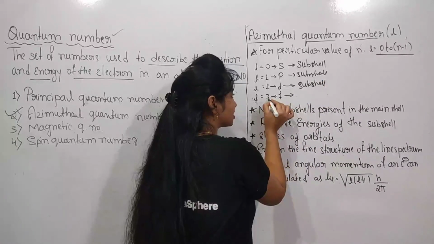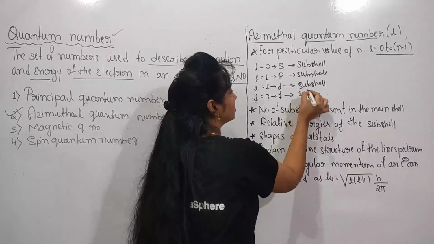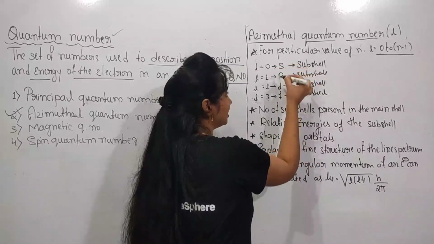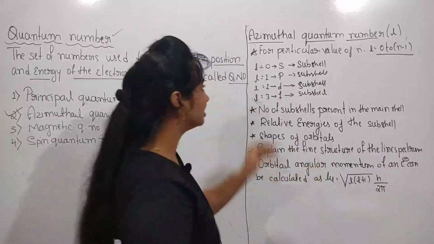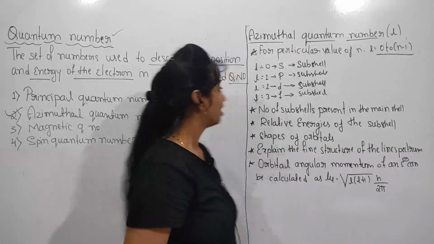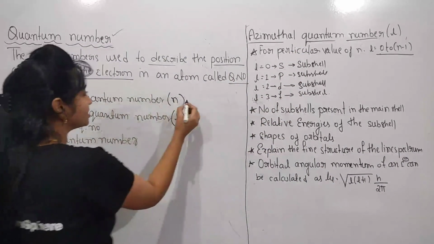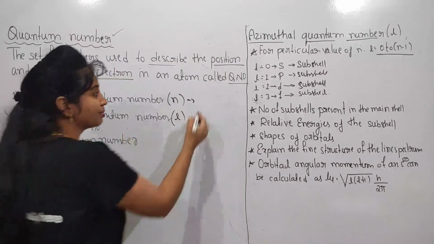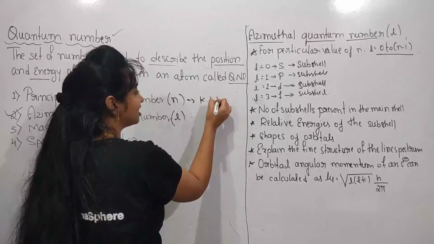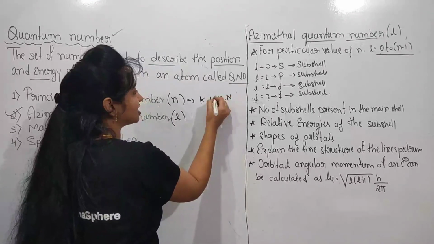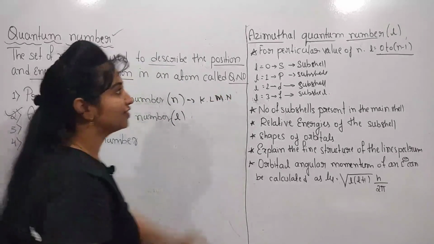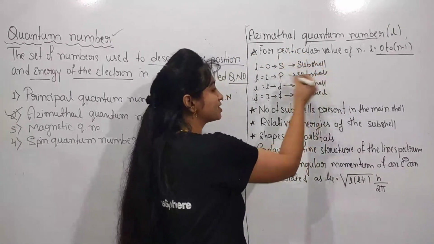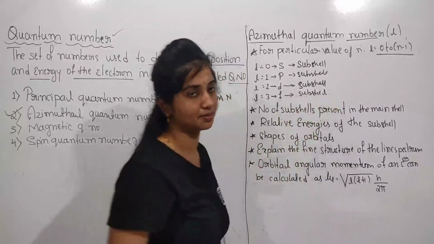And l is equal to 3, F is our subshell. So S, P, D, F are the names of subshells. Just as in the principal quantum number our main shells are represented as K shell, L shell, M shell and N shell, like this our subshells are represented by the names S subshell, P subshell, D subshell and F subshell.